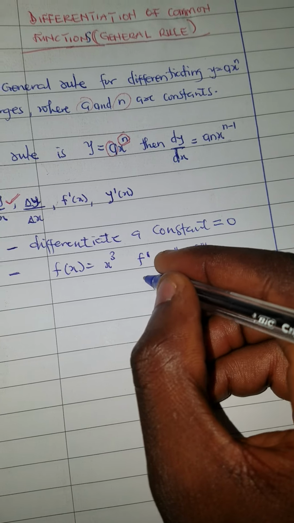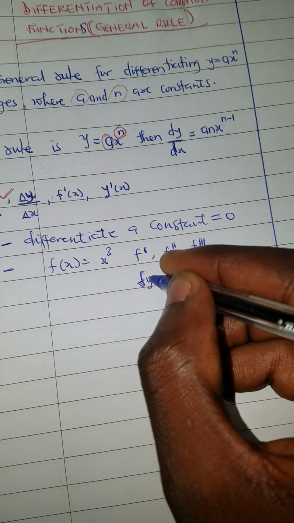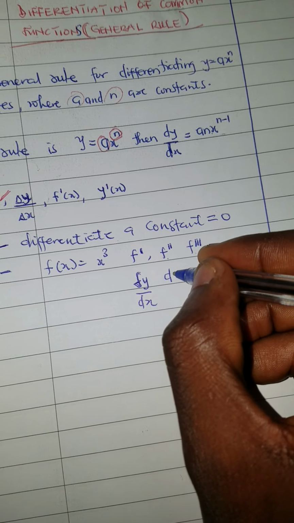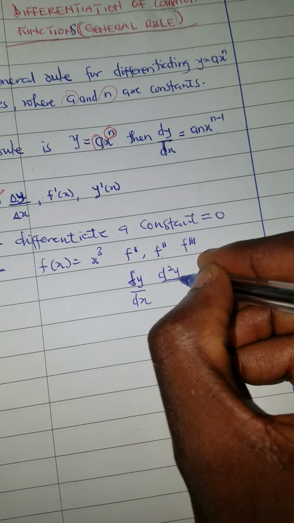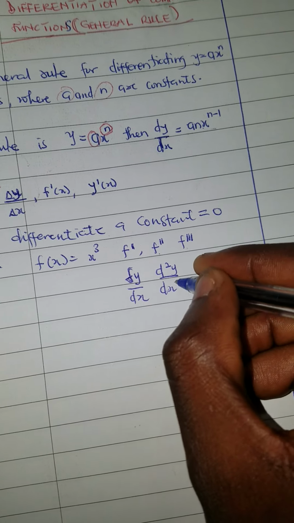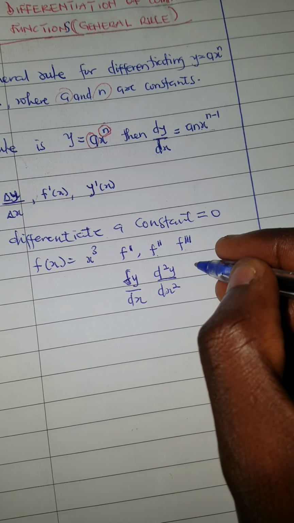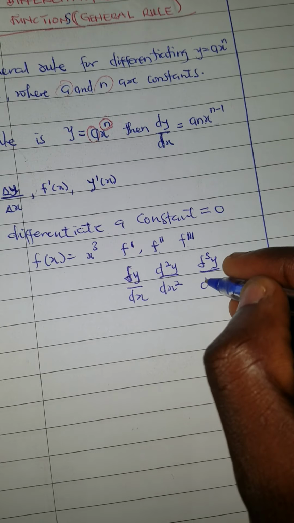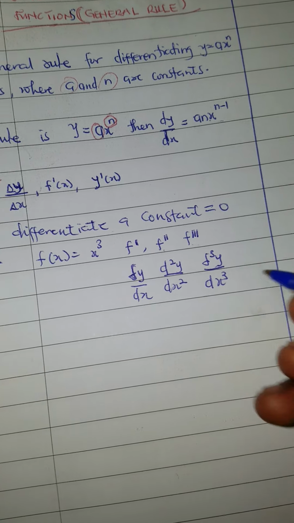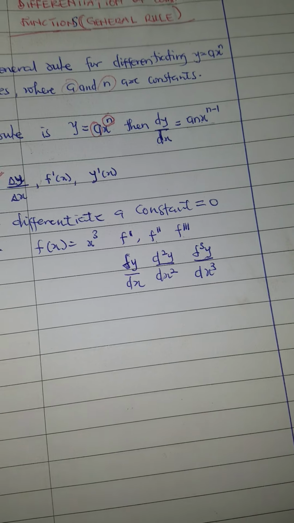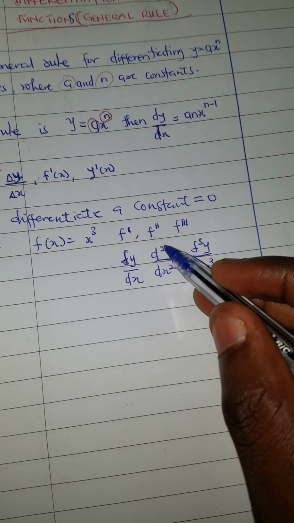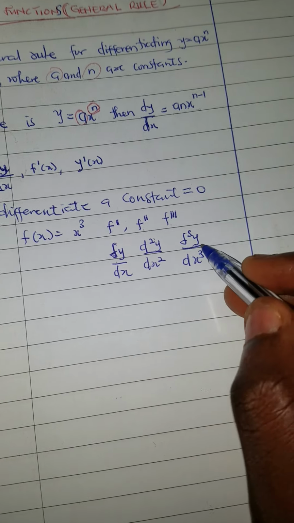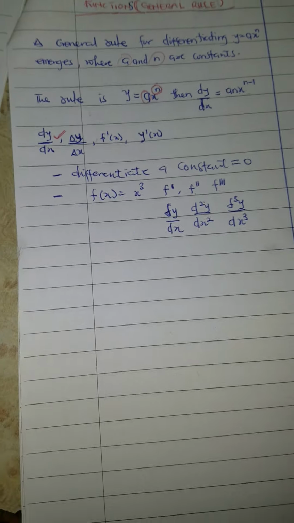Or you see d squared y over dx squared. This just tells us the number of times, the order is 2. So it means that they have differentiated it 2 times. Here once and here thrice. This is what it means.